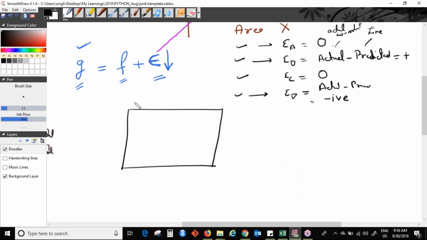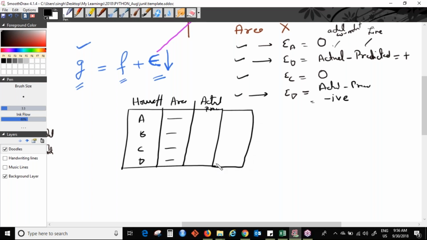So let's say this is the house number. You have A, B, C, D. This is the area of the house. Whatever the area is, let's say I have written some numbers. Now this is the actual price, and this is the predicted price. So the actual price is, let's say, 10 lakhs, 12 lakhs, 15, 25, and you have predicted something here.